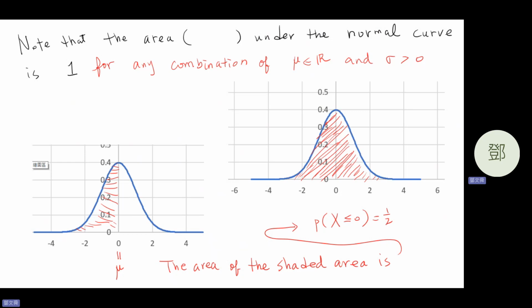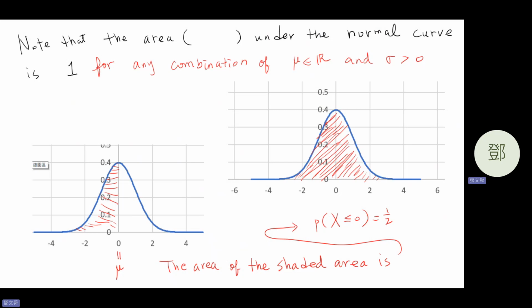And what about the area left to the parameter mu? What is the area left to it? Just 1/2 because it is symmetric.